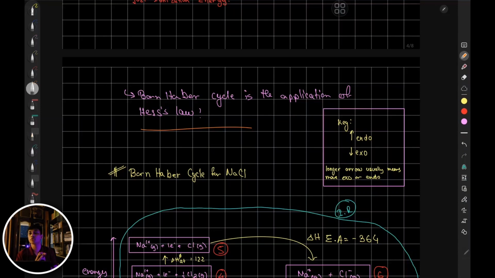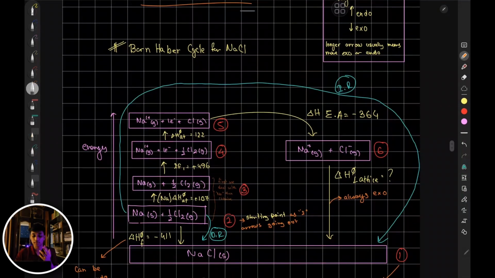You're going to maintain the structure of the boxes, meaning that, for example, in this Born-Haber cycle, right above the formation, you have enthalpy change of atomization, then ionization, then again atomization, and then again electron affinity.